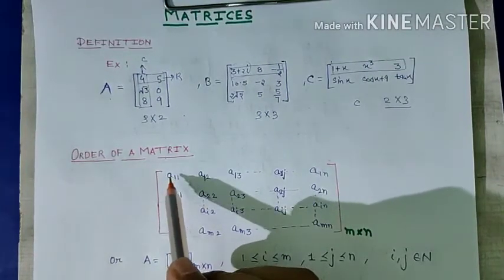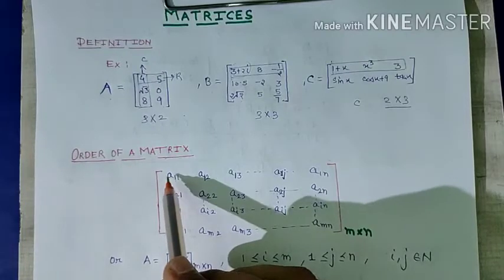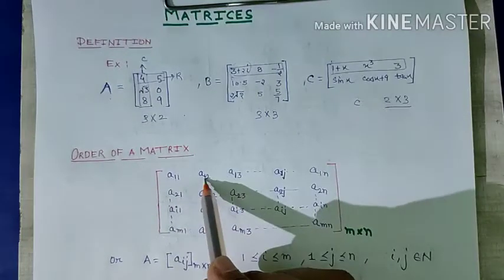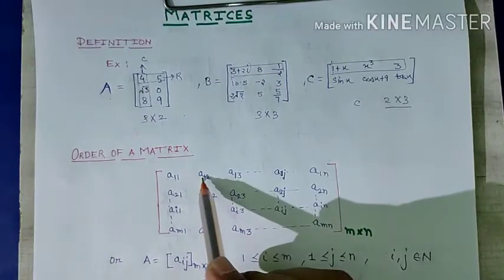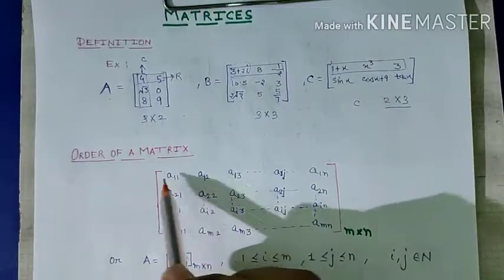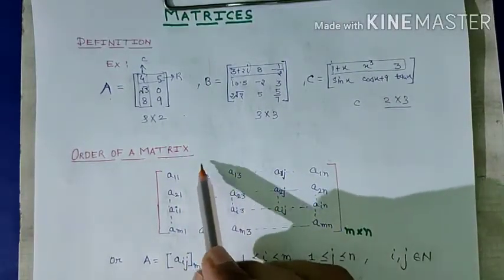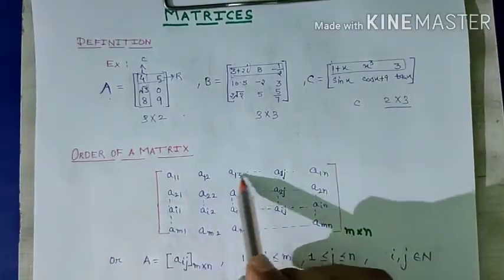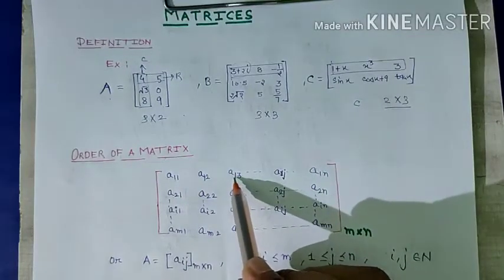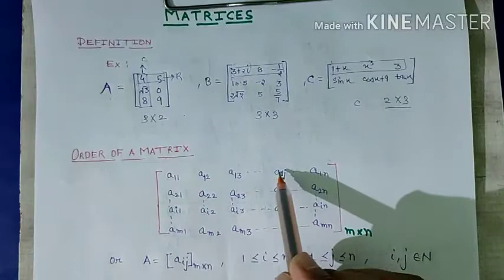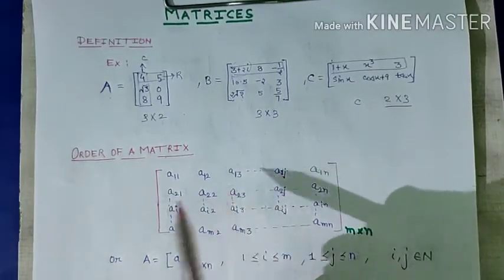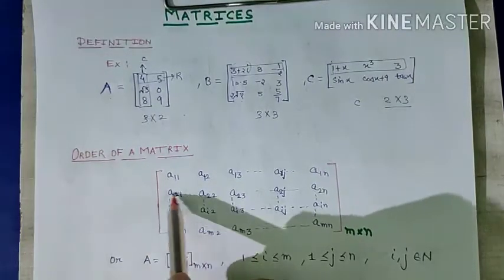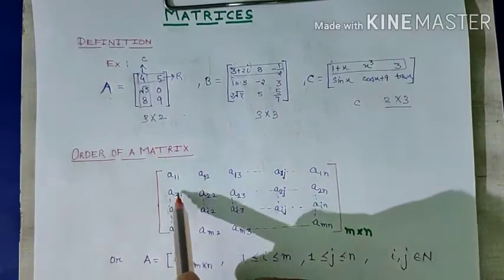A11 represents the first row and first column element. A12 is the first row and second column element, first row, third column. So in this way you can find all the elements and denote them. Like this, 2 is representing the second row and 1 is representing the first column.